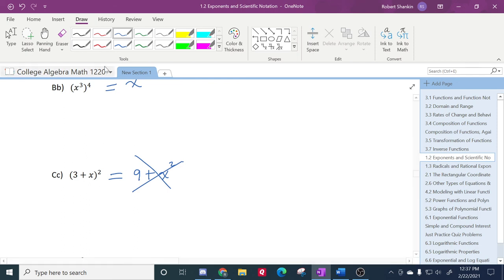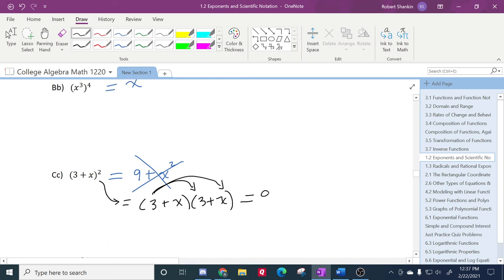Squaring means multiply by itself. And to multiply by itself is this. And when you have more than one term in each parenthesis, you have to take this term over to here, this one to here.